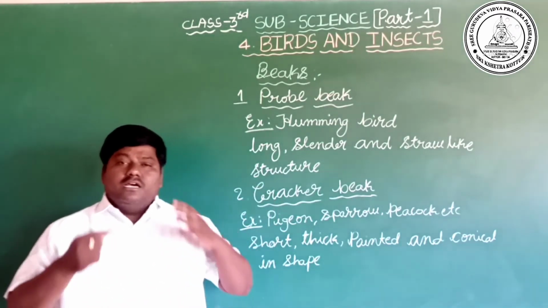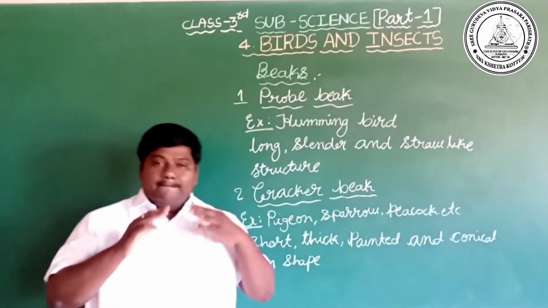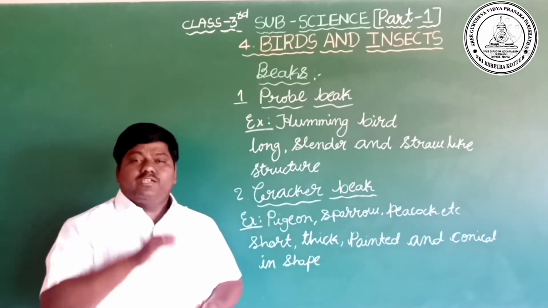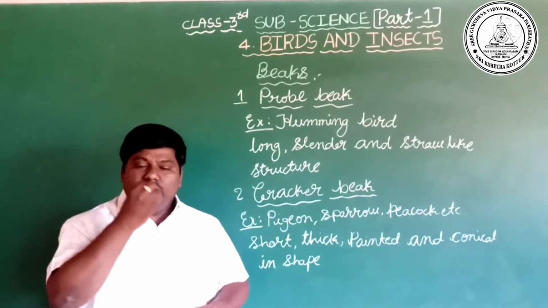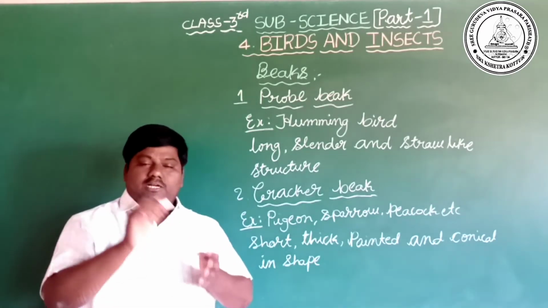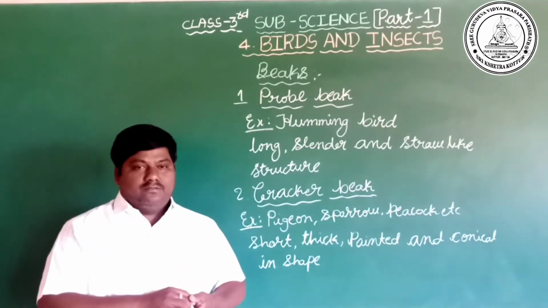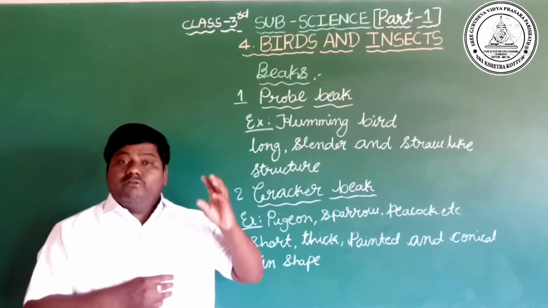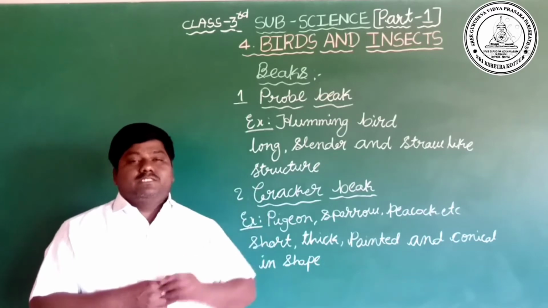Okay, here what are the uses of beaks? Now tell me, what are the uses of your hand and fingers? We are using them to eat. Okay, we are using them to hold a chalk piece, hold a pen. Okay, see here the birds' beaks are also very useful to birds.